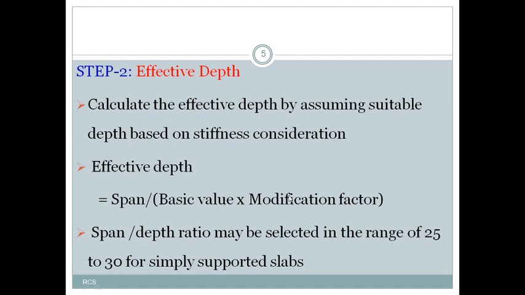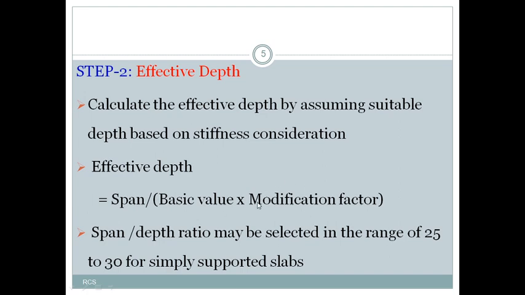You can choose this one, or directly choose an effective depth of the slab from this condition, that is, the span to depth ratio may be selected in the range of 25 to 30 for simply supported slabs. You can choose a ratio of L by D in between these two, or otherwise use the span and basic value for a simply supported beam, and consider any modification factor as assumed.